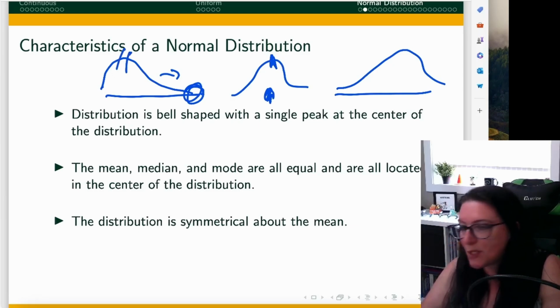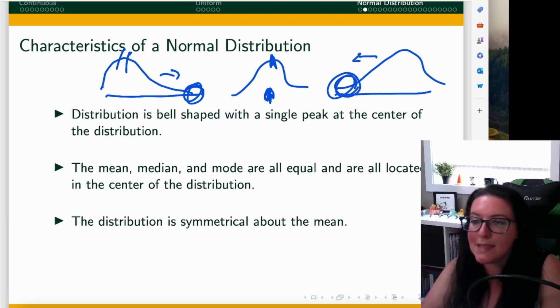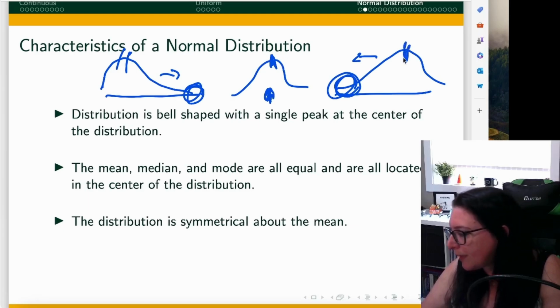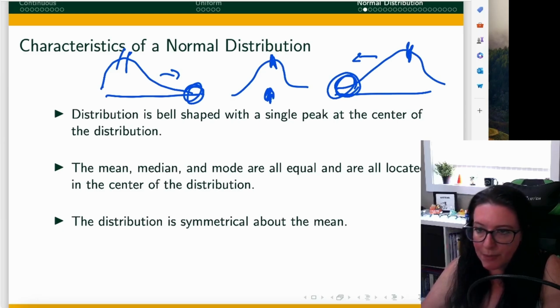If you have a distribution that looks like this, there's a bunch of low numbers pulling the mean down. So the mean would be less than the median, and then the mode would be right here. So only with this normal distribution that is completely symmetrical do you have the mean, the median, and the mode all equal to each other.